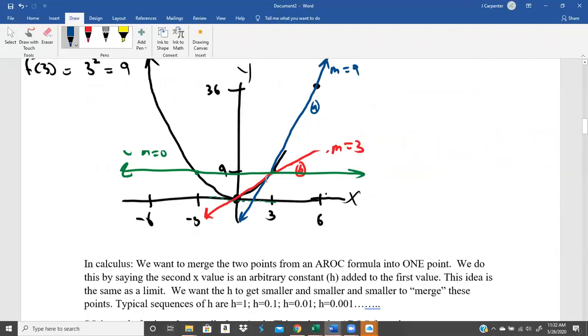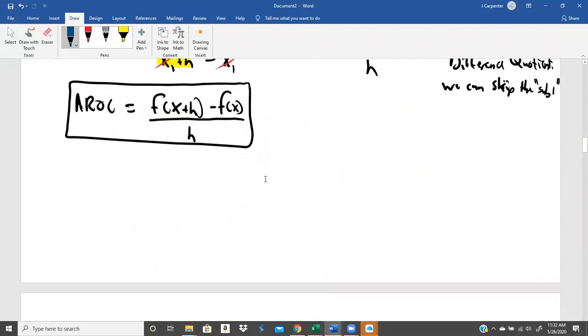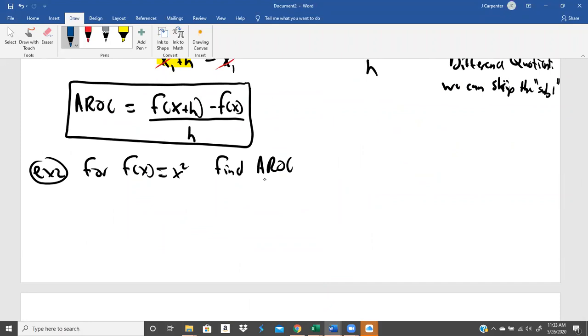Okay, so example 2. For the function f of x equals x squared, once again, find the average rate of change for an x value of x equals, most of those were centered around 3, so let's stay close to the 3.